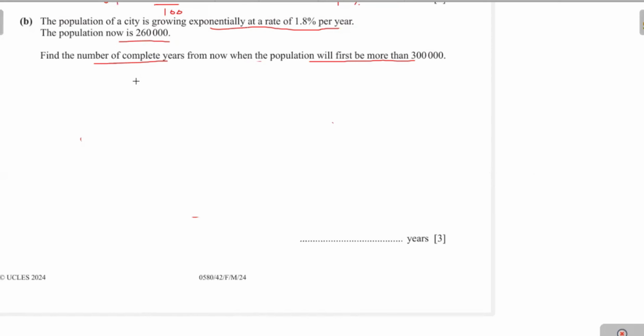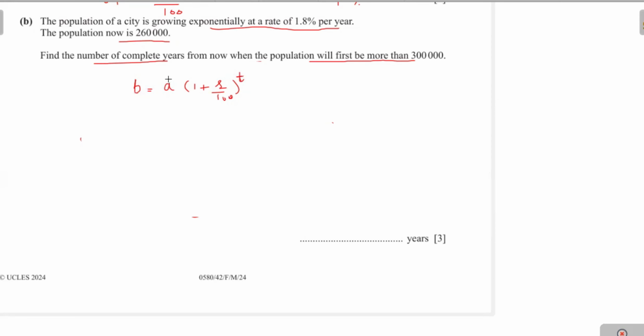Firstly, we suppose that B is the exponentially growing value when the initial amount is A. After T years, this growing value will be equal to A into (1 plus R over 100) to the power T. This formula is the same as the formula of compound interest.